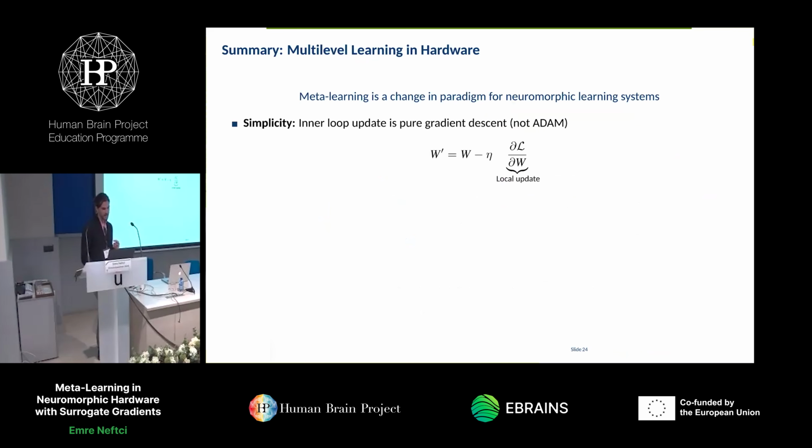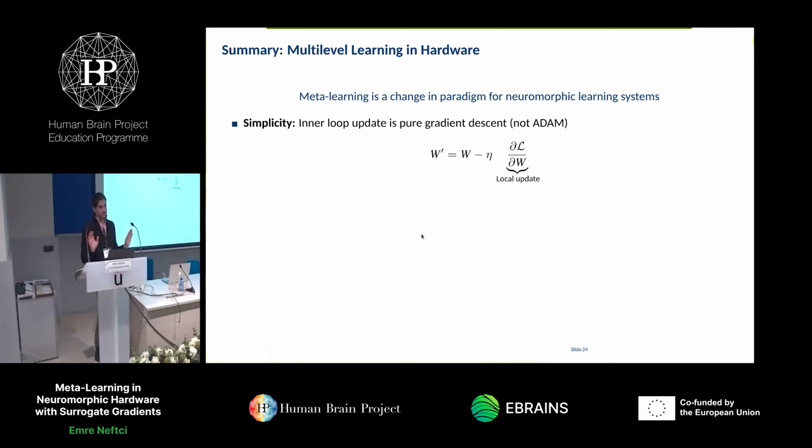Okay. So this is my summary slide, at least for the meta-learning part. This whole meta-learning has a really appealing aspect to it, of this learning to learn, which is that the learning rule that I need on my chip or on my model is actually very simple. If you're familiar with machine learning, generally you optimize with some rule like Adam or other fancy rules that make copies of the weights and need to keep multiple traces of the weights.